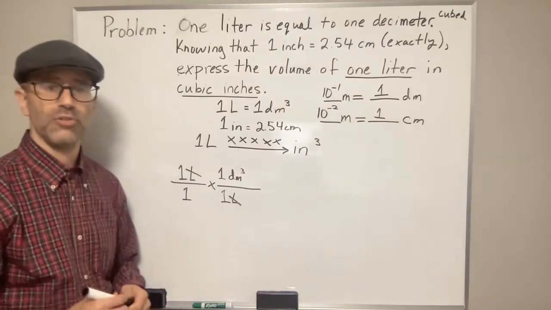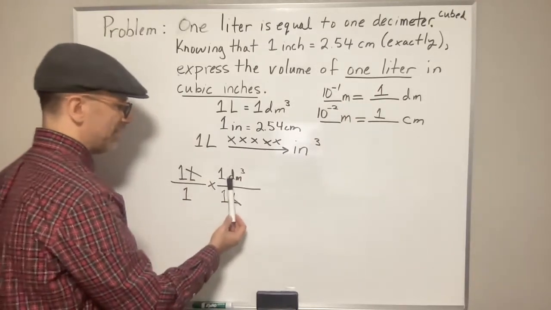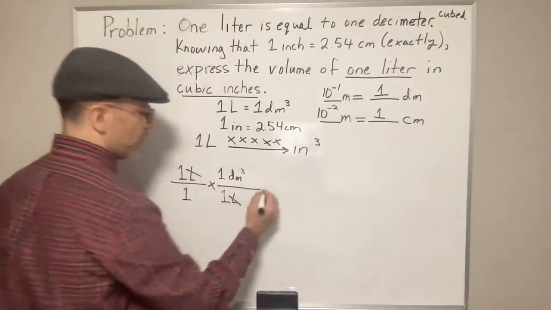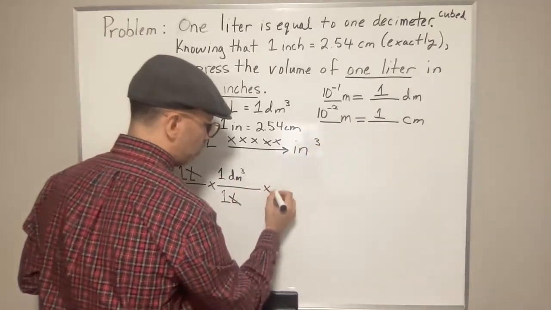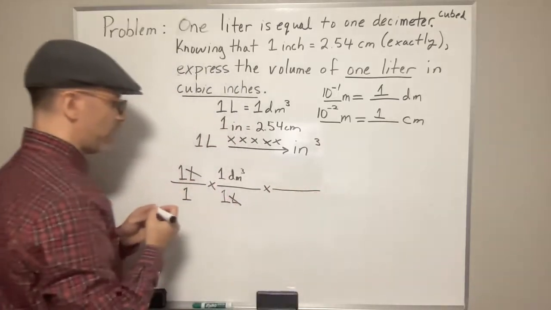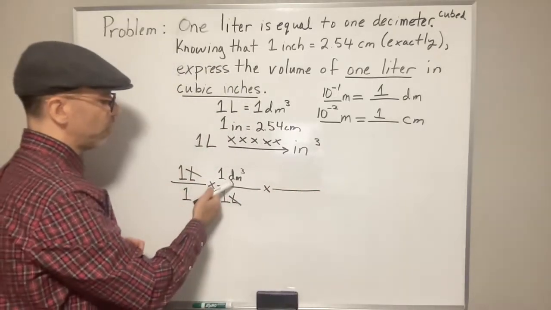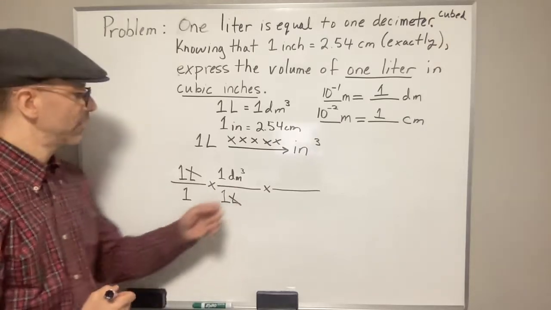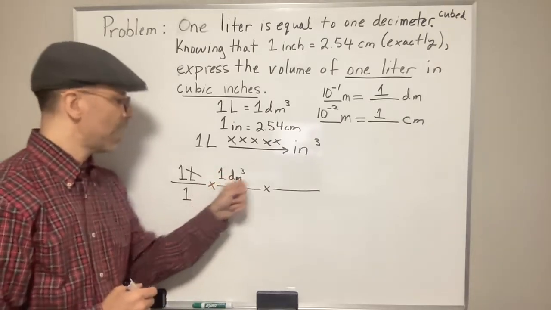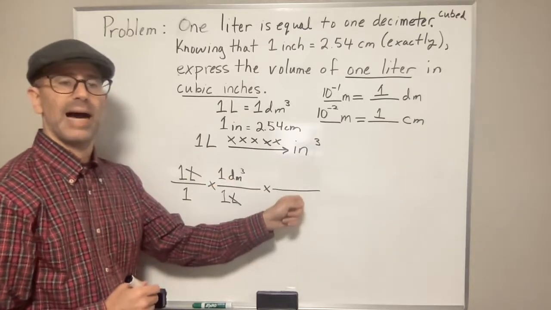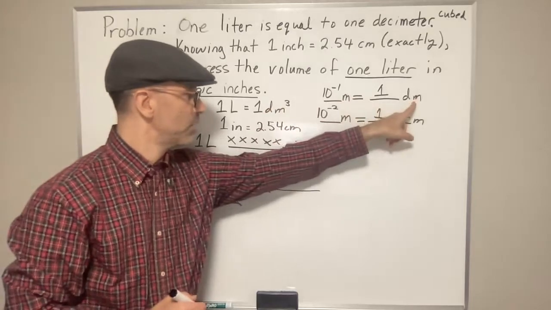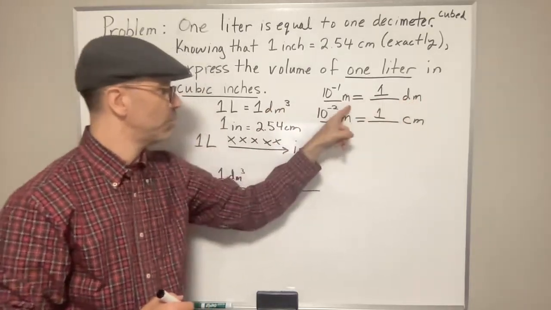Now I can use those to convert from decimeters cubed to centimeters cubed. So what I'm going to do now is set up another conversion factor. I have decimeters cubed on the top, so I need decimeters on the bottom. Now notice I have a relation between decimeters and meters, not decimeters cubed and meters.